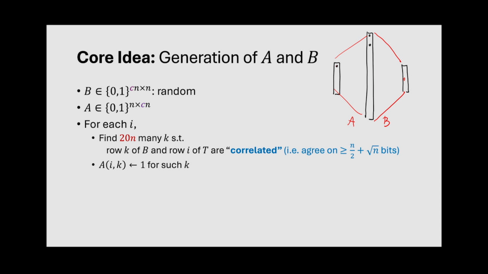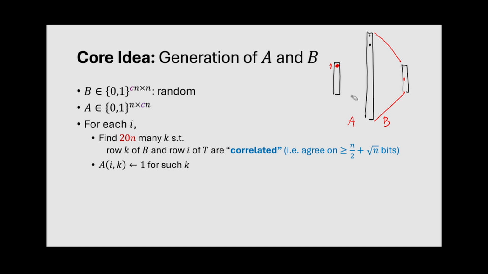Maybe let's focus on the first node in A here. Okay, and I'll tell you how we construct A. What I'm going to tell you is which node in this layer this guy should connect to. That's what I need to tell you.